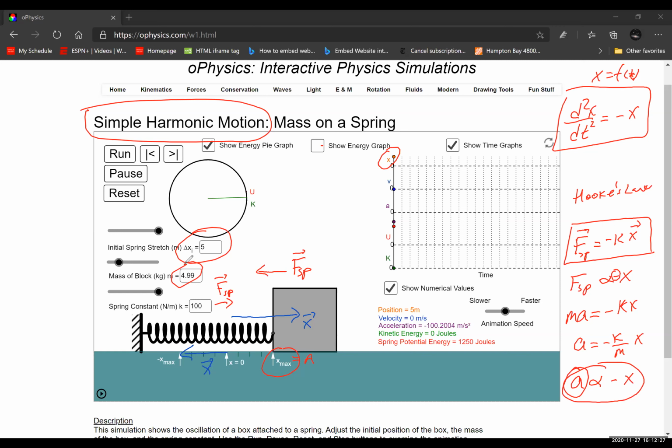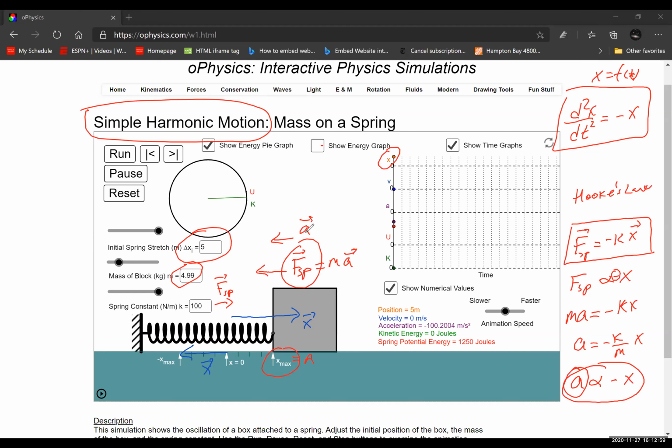The idea here is that when we are at position x equals a, this is the maximum displacement, which means the force right now is the maximum force. Since the force depends on the position and this is the maximum position, this is then the maximum negative force. Since force equals mass times acceleration, whatever we have about the force is the same for acceleration. That means acceleration also has direction to the left.